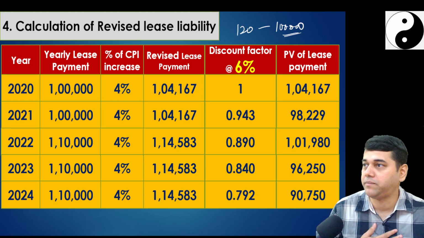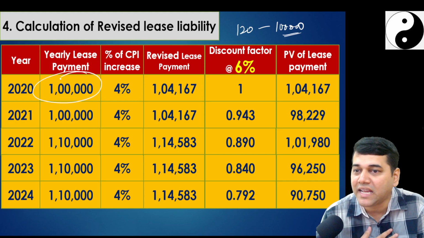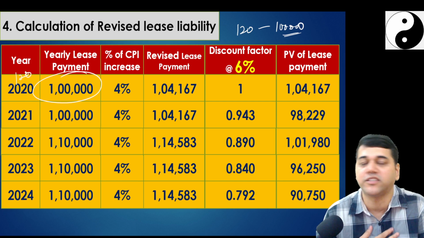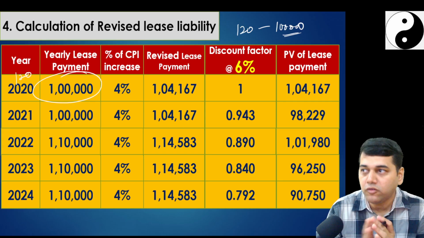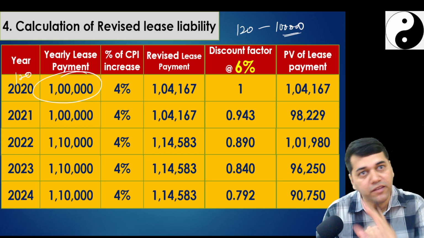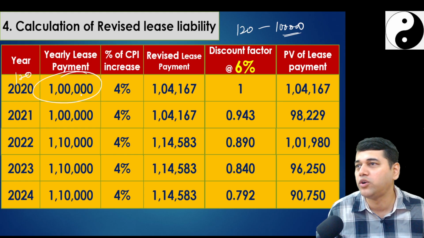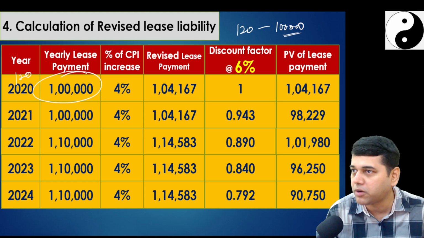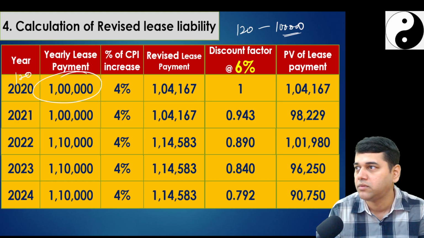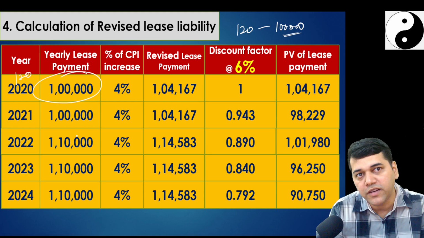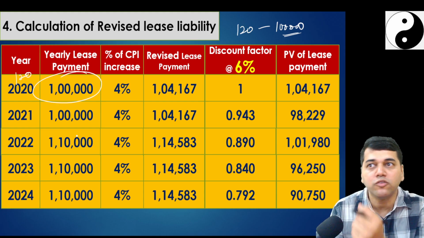Now look, you pay me 1 lakh because today's index is 120. Tomorrow also you pay me 1 lakh, but if inflation is increasing, 1 lakh is not enough. I'm a vendor, an old guy, and I don't have any property; my only property is the one I'm giving to you. Tomorrow, if inflation increases, my medicine costs are going to increase.